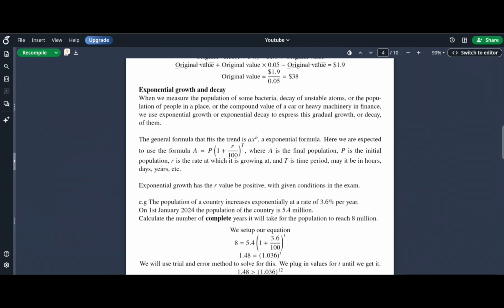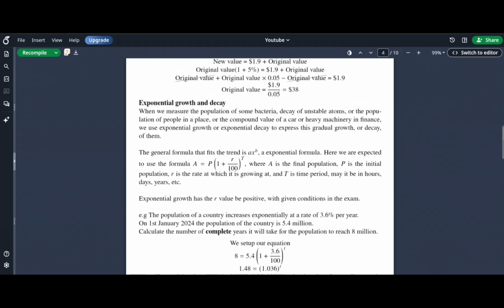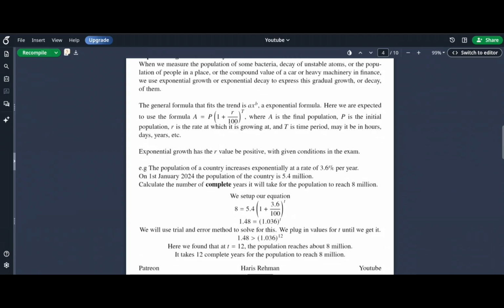Yeah. Exponential growth and decay. When we measure the population of some bacteria, decay of unstable atoms, or the population of people in a place, or the compound value of a car or heavy machinery in finance, we use exponential growth or exponential decay to express this gradual growth or decay, or of the price in the financial part.